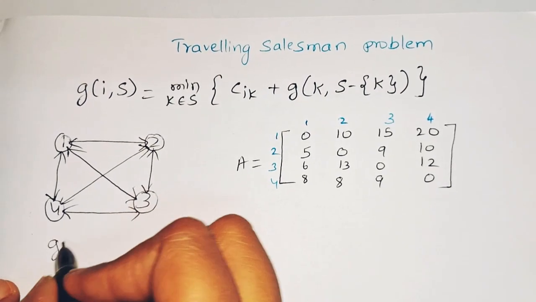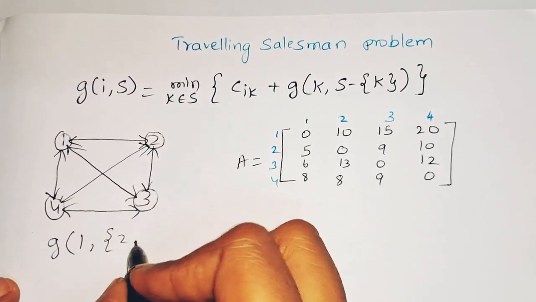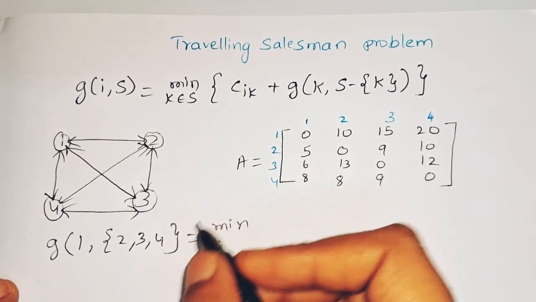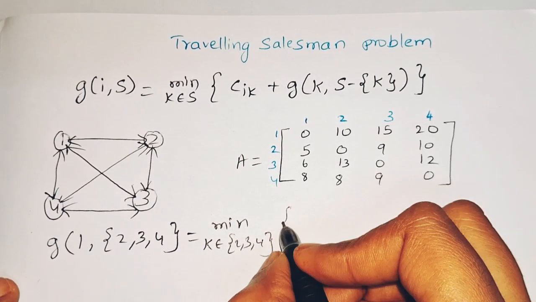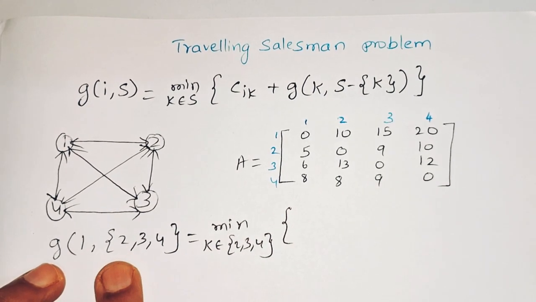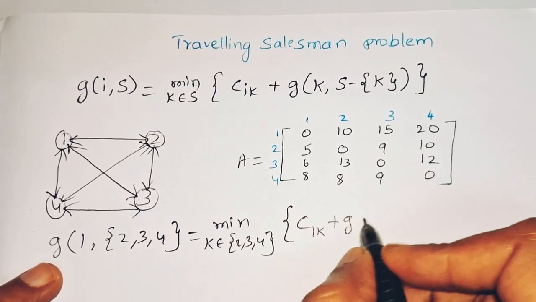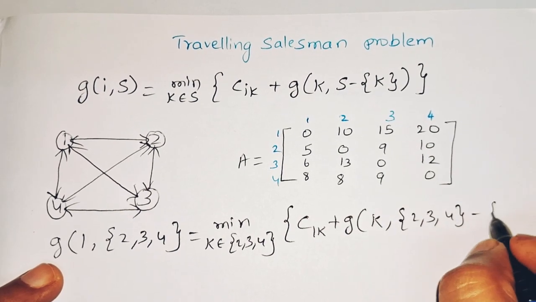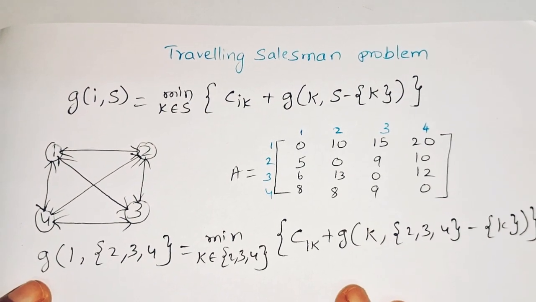First we start from the initial node, that is 1, and we need to visit the remaining set of nodes, that is S. g of 1 comma {2, 3, 4} equals the minimum over k belonging to S, the remaining nodes that we have to visit, that is 2, 3, 4, of the cost of reaching from 1 to the kth node, that is c 1k, plus g of k comma {2, 3, 4} minus k.